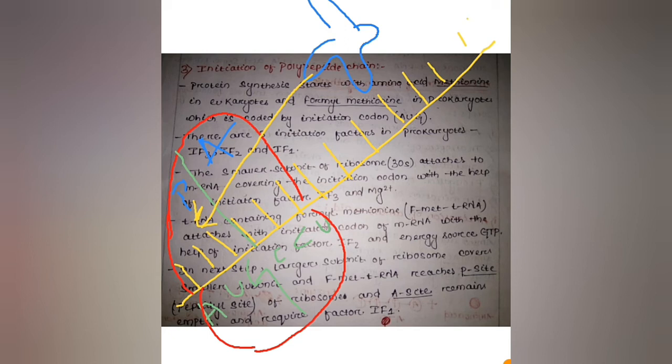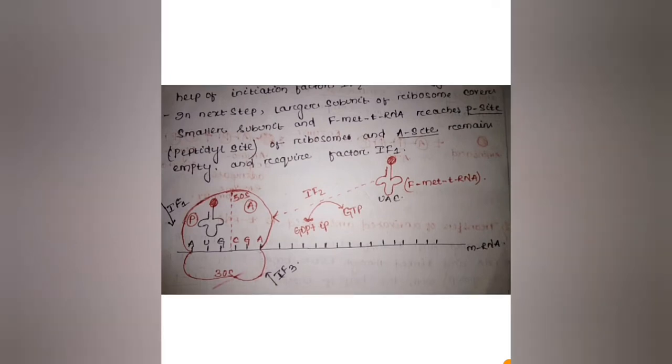Okay, next point: in the next step, the larger subunit of the ribosome covers the smaller subunit, as I said before, and the formylmethionine tRNA reaches the P site, that is the peptidyl site of the ribosome, and the A site remains empty, and this requires factor IF1. See here the diagram.